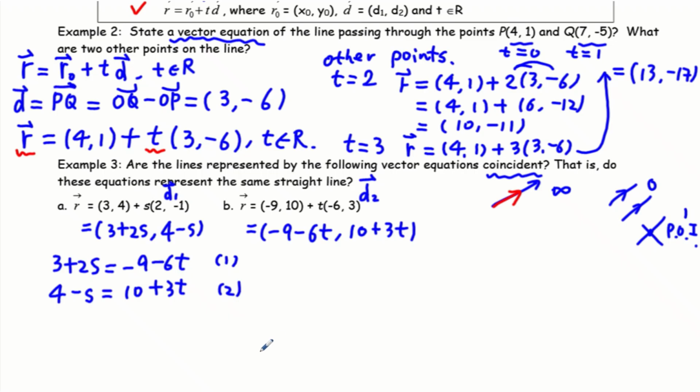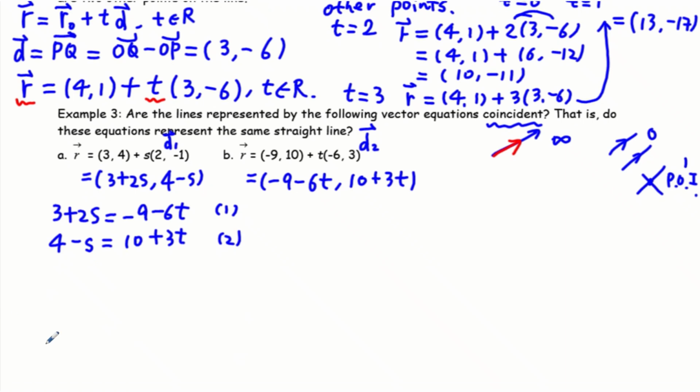And in order to solve this system, we could use the elimination method or the substitution method. Whichever method you want, you could use it. So this one, we want to use the elimination method. So 2s, negative s. We want to make the numbers in front of one variable the same.